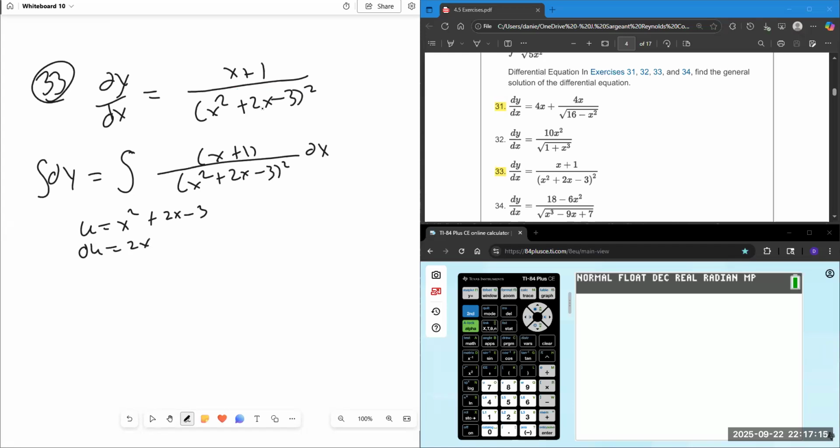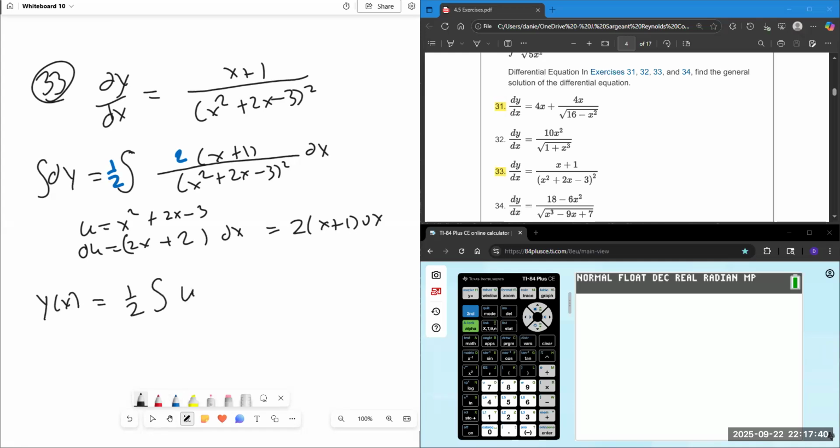Du is 2x plus 2 dx, or 2 times x plus 1 dx. So I have the x plus 1 dx. I need the 2, so 2 and 1/2 means y of x is equal to 1/2 the integral of u to the negative second du.